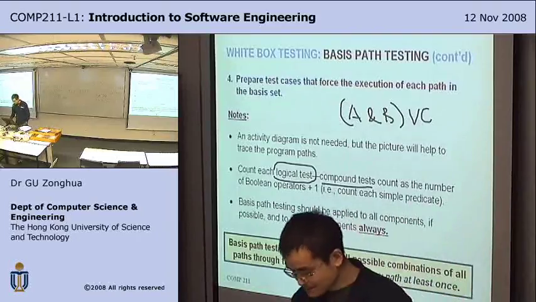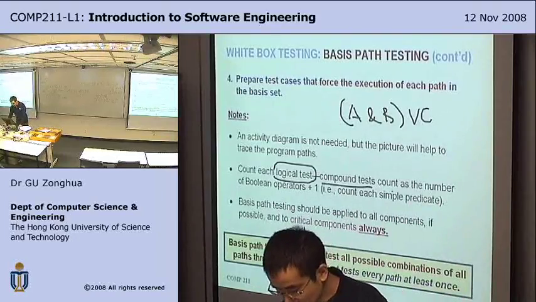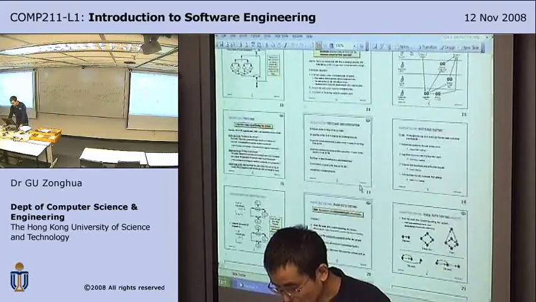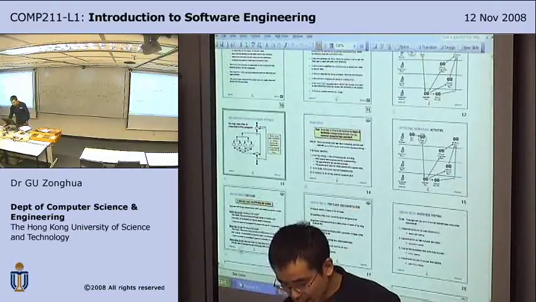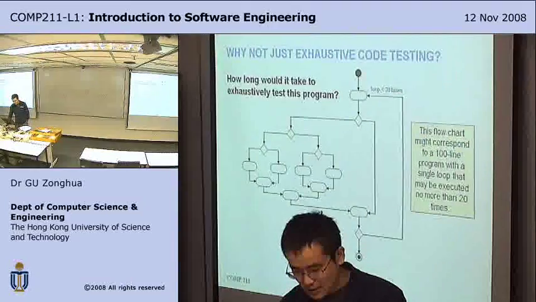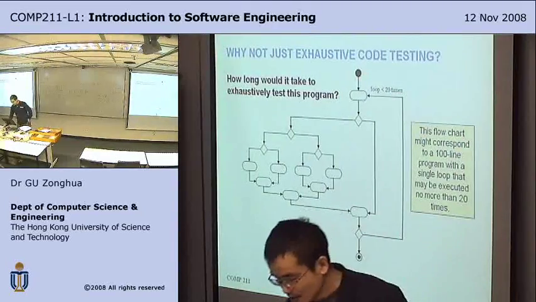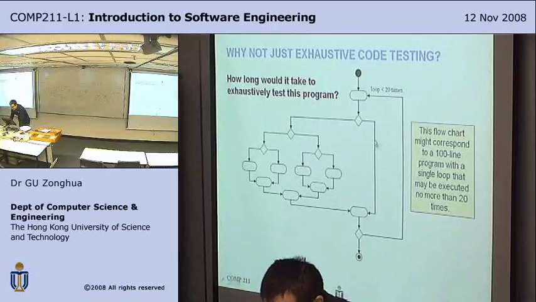Let's go back to the earlier example, where we calculated how many possible paths there are through the code. For this example, how many independent paths do you have? You have 1, 2, 3, 4, 5, right?